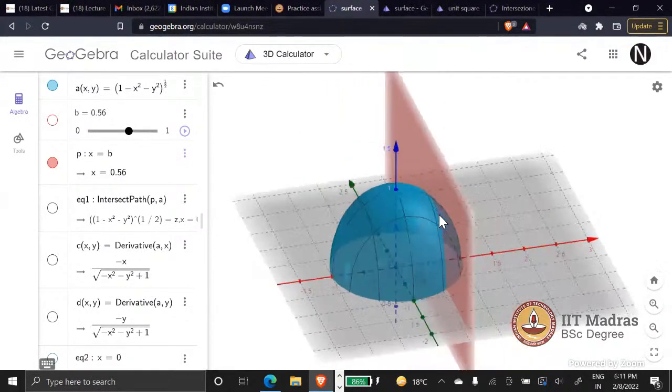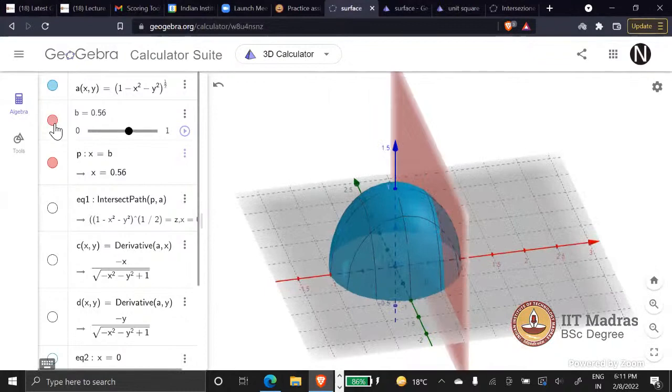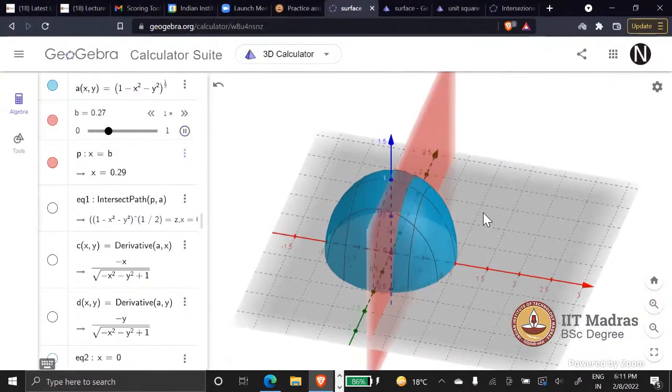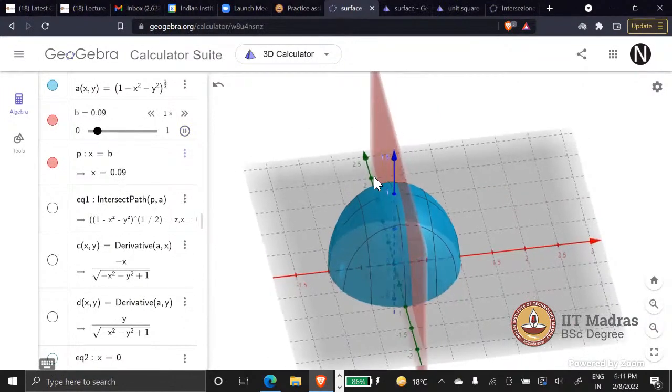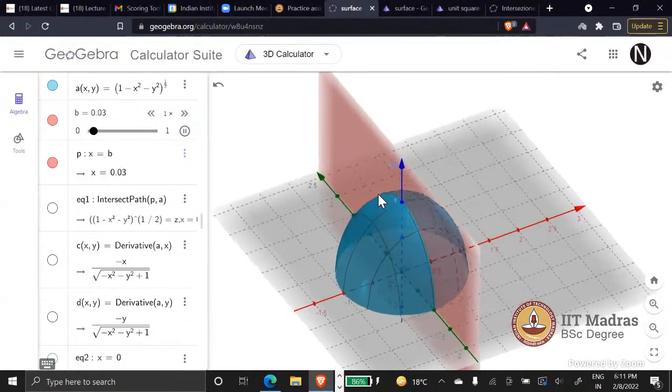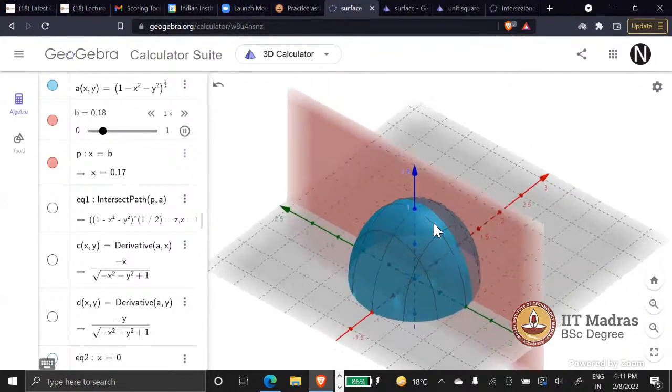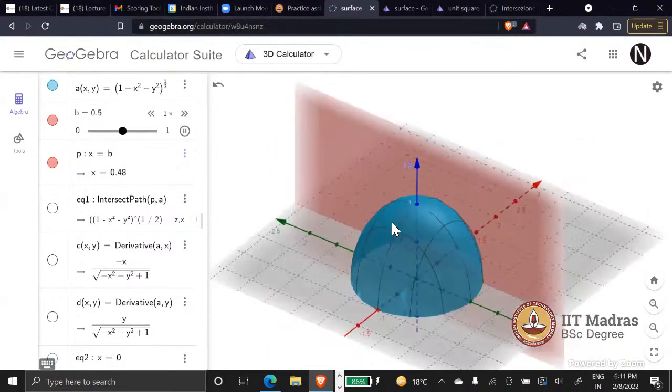Let's move this. As it slides, you can see this region is changing, the intersection of the curve and the plane is changing, right?